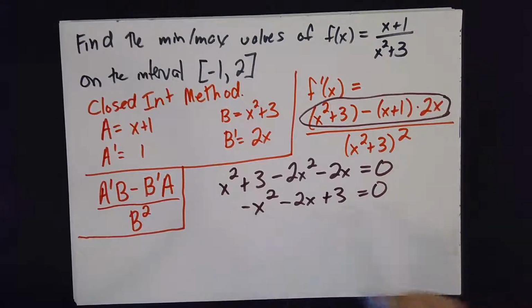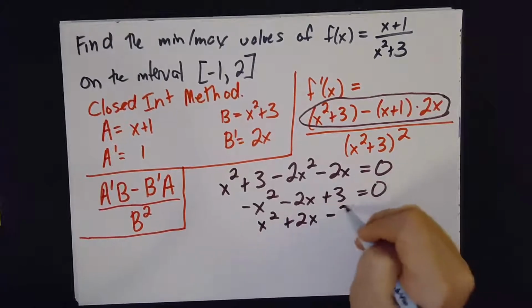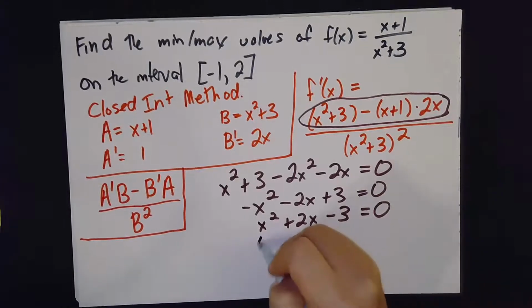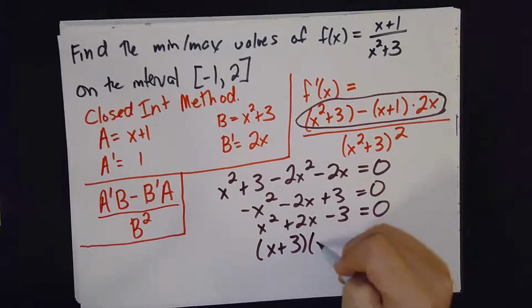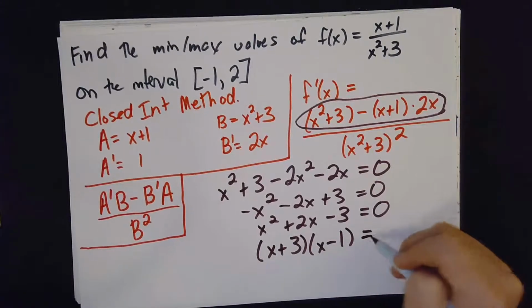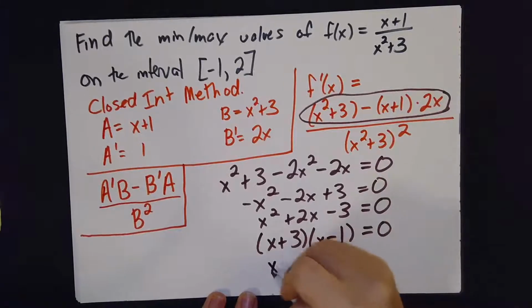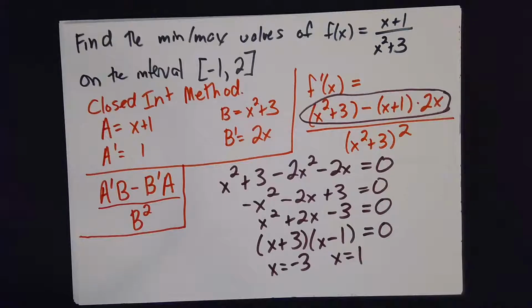I can go ahead and negate everything. And so this will be x plus 3 times x minus 1 is 0, which will give me x is minus 3 and x is 1 as my critical numbers.